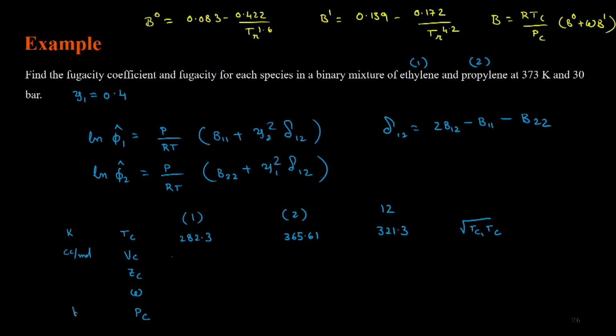These two are dimensionless and this will be in bar. Vc is 131. For 2 it is 188.4, and using the combining rule we get Vc12 as 158. This was Vc1 to the power 1/3 plus Vc2 to the power 1/3, over 2, whole cubed, if you recall.